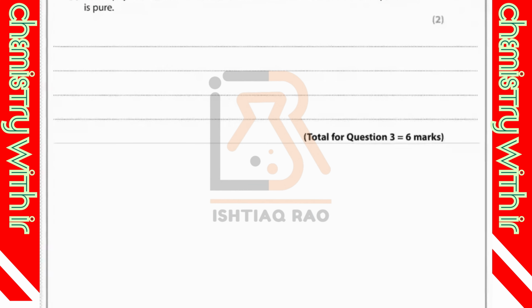Give a physical test that the teacher could do to find out if the ethanol produced is pure. You know, for pure substances, if you have a liquid, the boiling point should be fixed.